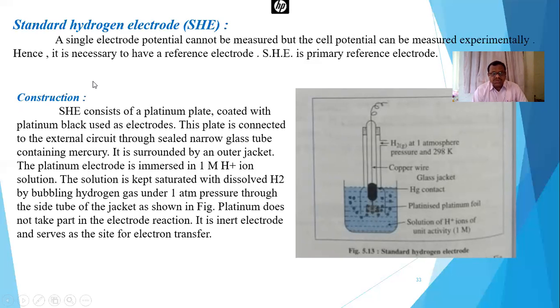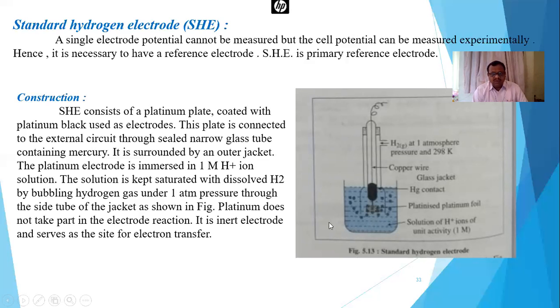So it is necessary to have an electrode which is called a reference electrode. This standard hydrogen electrode is a primary reference electrode. You know the meaning of reference: a pre-known thing is called a reference.